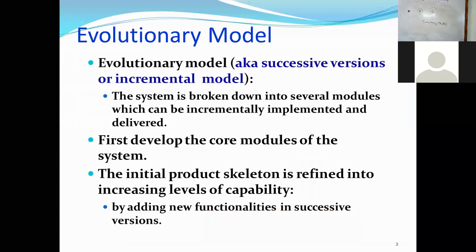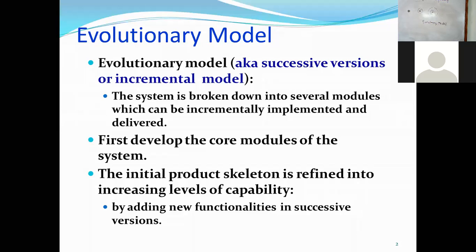So what does this evolutionary model say? The evolutionary model develops a system in successive versions, or increments. The system is broken down into several modules. Any problem is divided into smaller parts, and those are called modules. We divide it into modules which can be incrementally implemented and delivered.